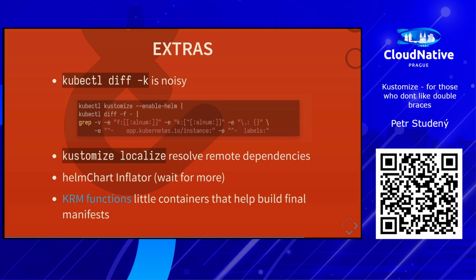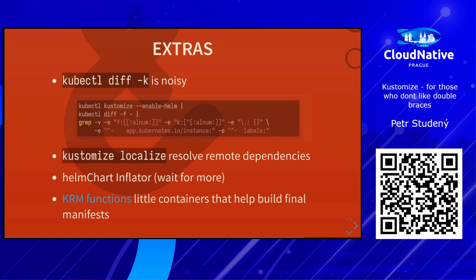The thing is that the Helm chart inflator is not supported very much in the Kustomize community, and they suggest to use KRM functions. I don't know if you heard about it. It should be built directly in Kubernetes, and it's a way how to enhance the tooling.